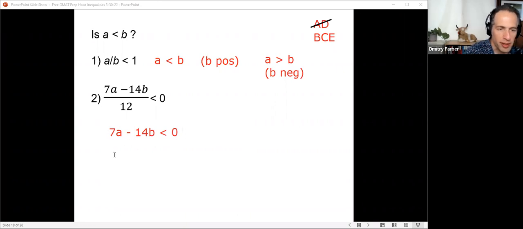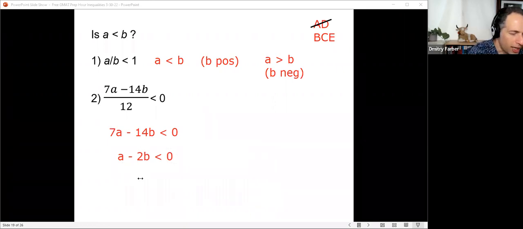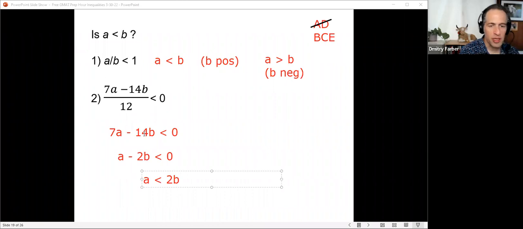I can also divide through by 7. And if the question were just slightly different, this would be sufficient, because what I can find is that a is less than 2b. I hope you saw that. If you saw that and said, hey, that doesn't mean a is less than b, that's absolutely right. I don't know, because 2b is, presumably, if they're positive, bigger than b. If they're negative, it's less, right?